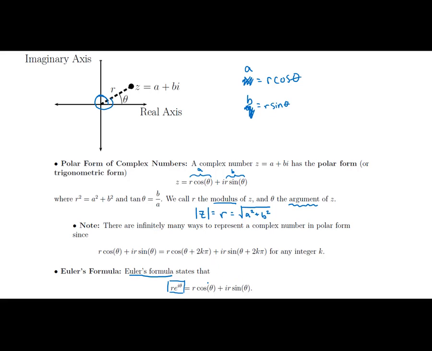And so this seems kind of strange, and it's unfortunate, but the way to prove that this formula is true actually requires some more advanced calculus. And so if you take a third quarter calculus class, you'll be able to show why it is that they're equal.